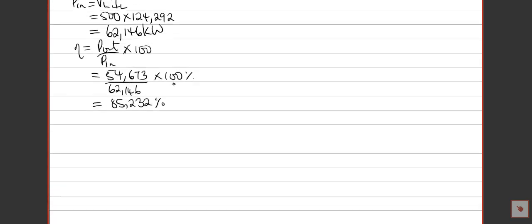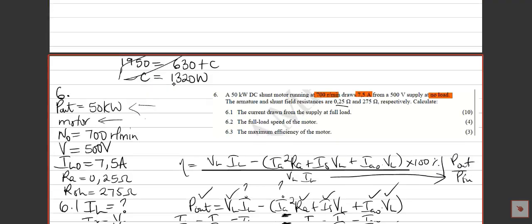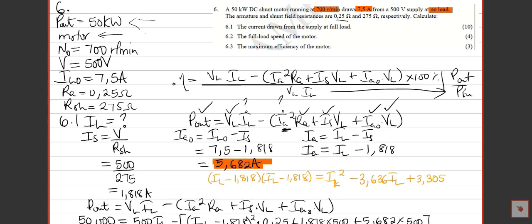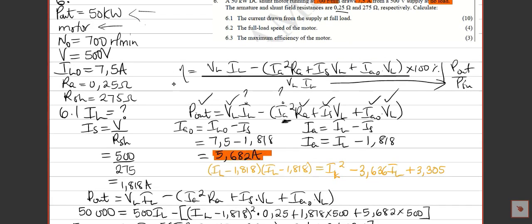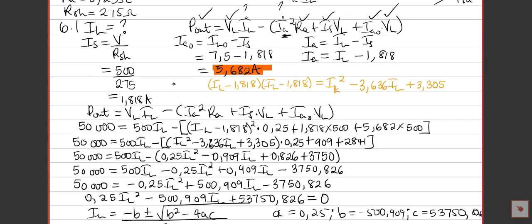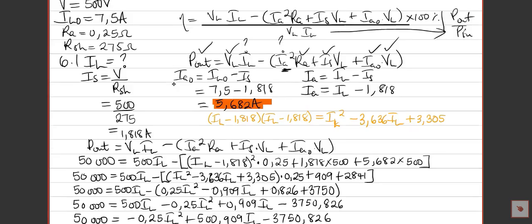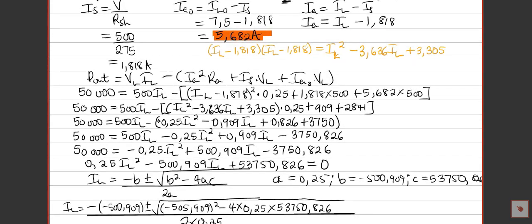Also, the main challenge with this question was the first part of it, where we were required to look for IL. So typically this question, when they give you 6.1, they happen to give you a hint, and that hint is typically the quadratic equation.